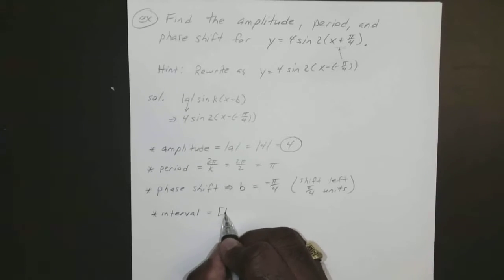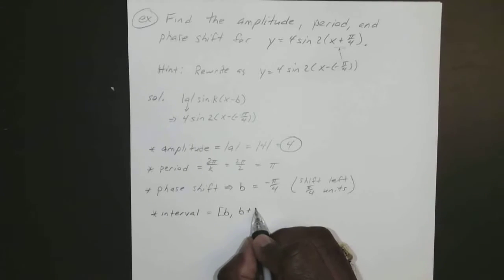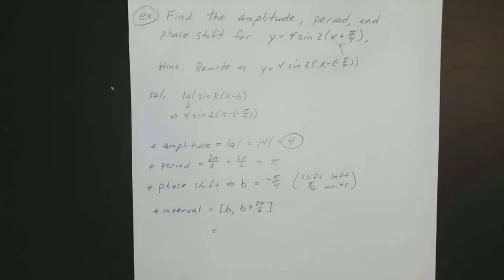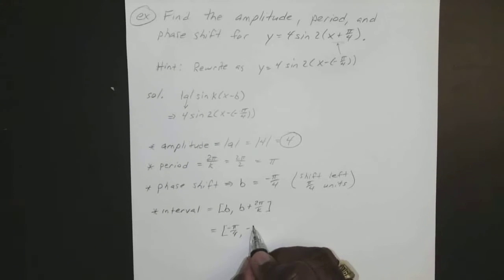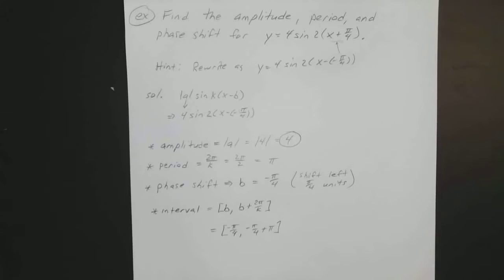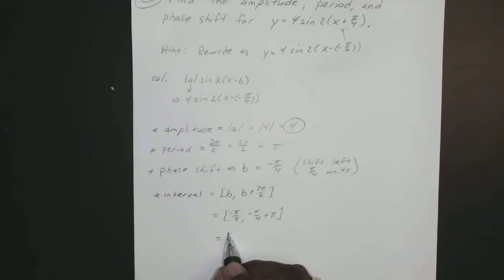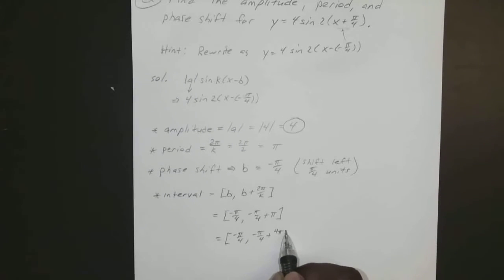Remember, that's equal to B to B plus 2 pi over K. So that would be negative pi over 4 to negative pi over 4 plus pi, which would be, if we wanted to find the exact spots, negative pi over 4 and negative pi over 4 plus 4 pi over 4.